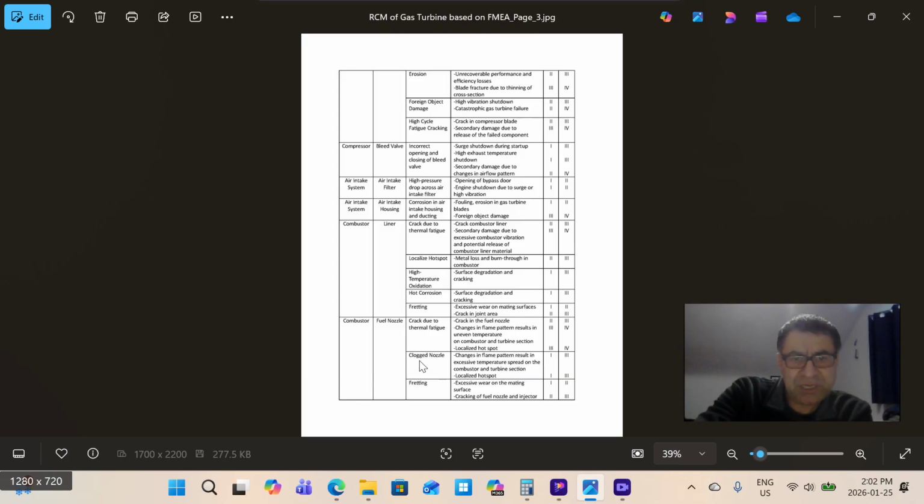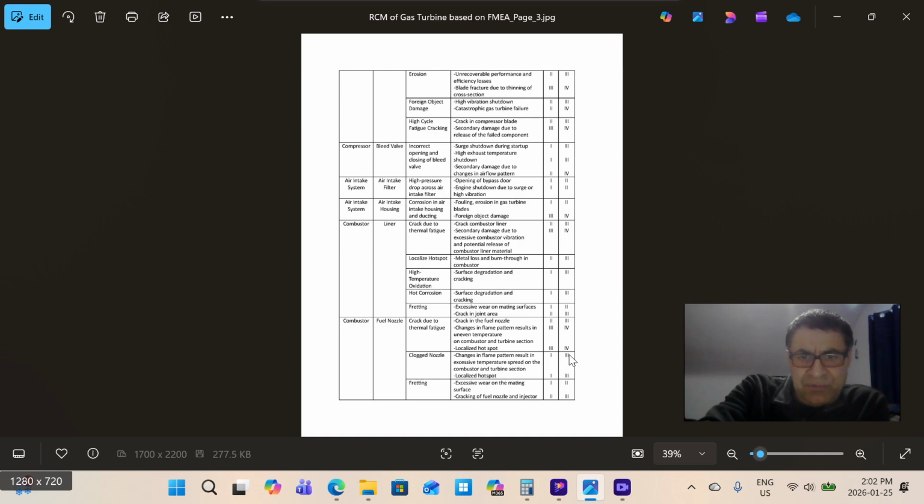Fuel nozzle could be clogged, changing the flame pattern resulting in excessive temperature spread on the combustion and turbine section. Some of the resulting damage could be, you can see, non-uniform distribution of the flame, and we can encounter flame impingement damage as a result of this failure mode.